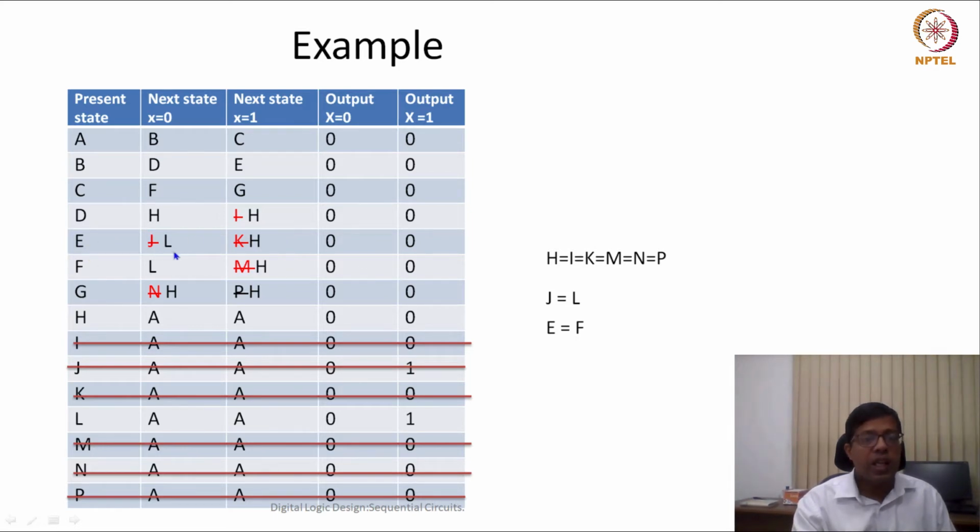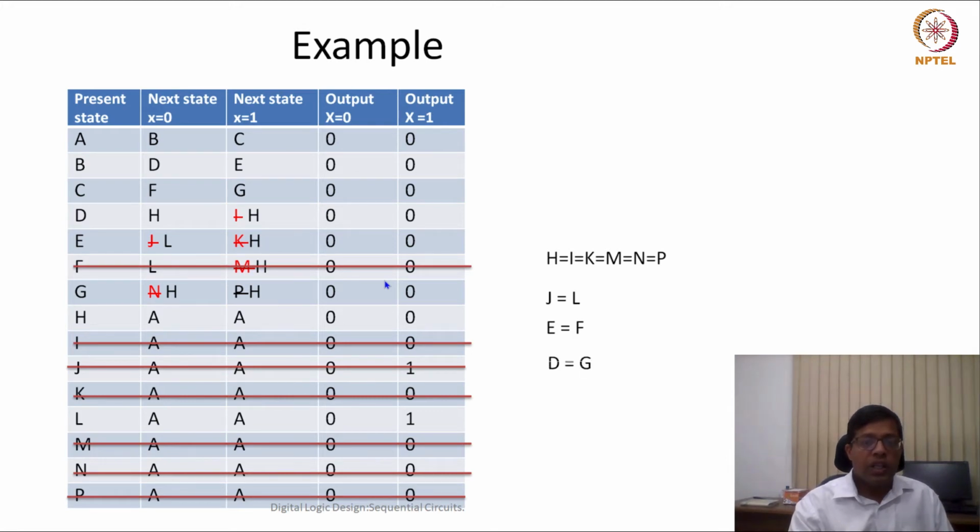E's next state is L when input is 0, and when input is 1, the next state is H. Output in both cases is 0. Similarly for F also, if input is 0, then next state is L, and when input is 1, next state is H. So that means these two rows are actually the same. If they are the same, then we can remove one of them. Let's say we remove F.